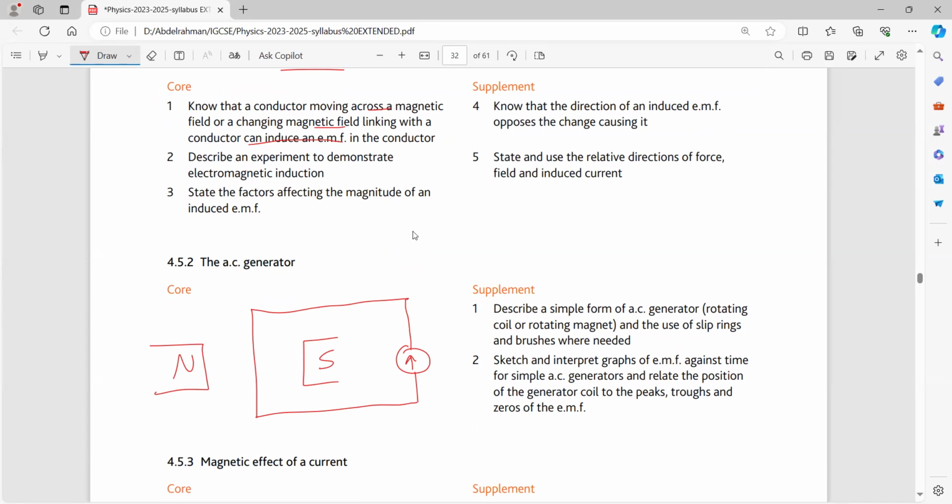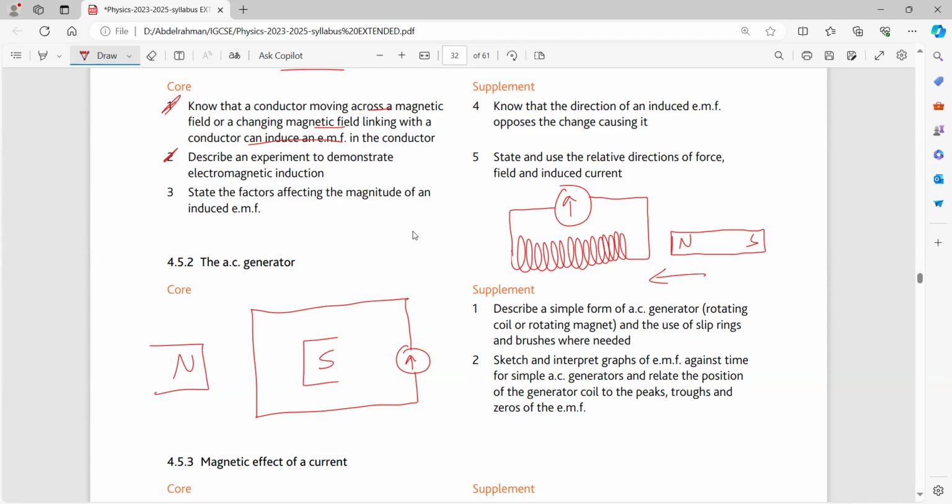And that's it. Describe an experiment to demonstrate electromagnetic induction. We can either use this one, or there's another experiment in which we had the galvanometer attached to a coil, and then a north and south magnet, and this magnet was moving towards the coil.